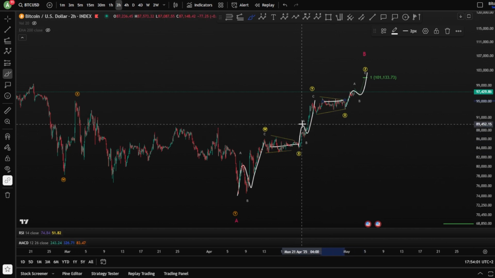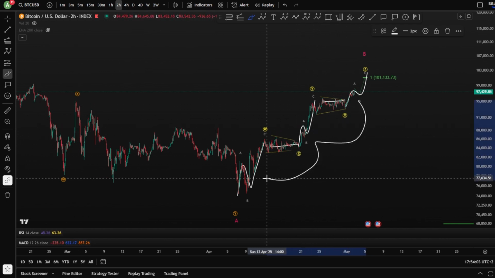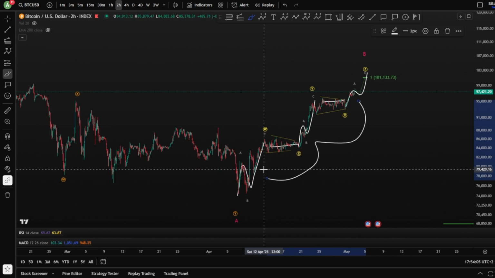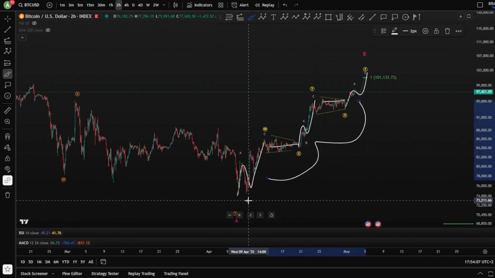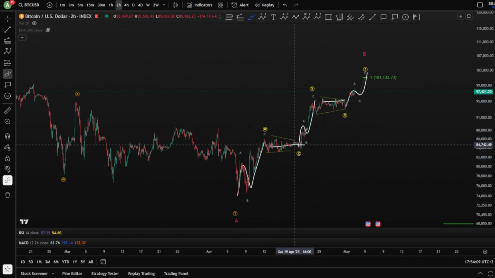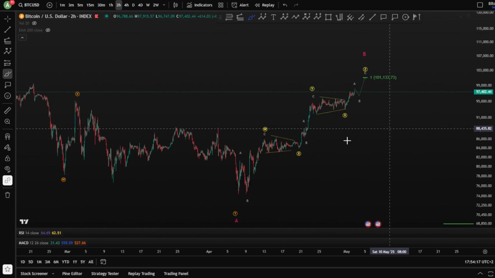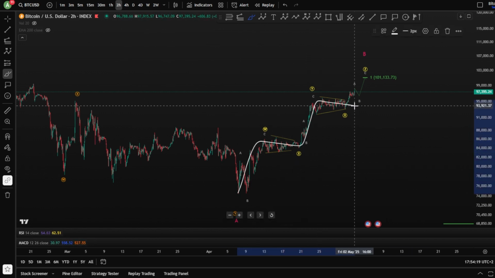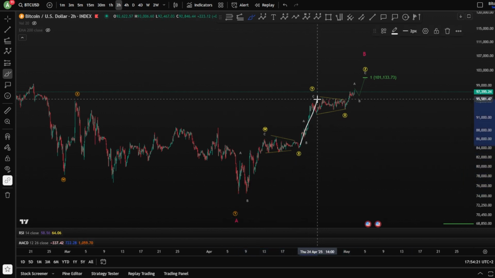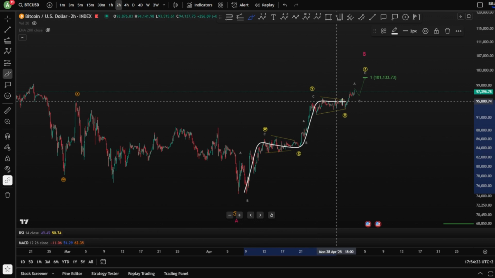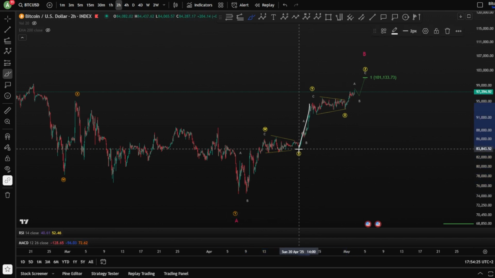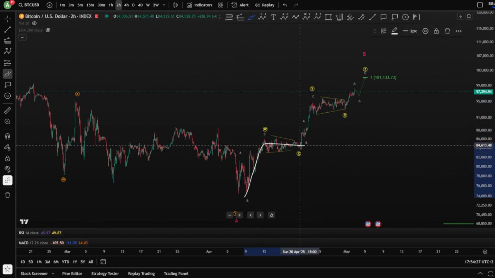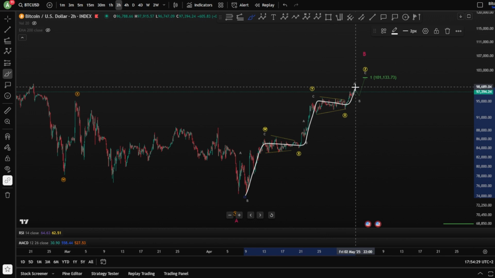Because you can see matching zigzags as the W, the Y, and the Z. They are very matching, and of course with the triangles in between as sideways axis both. And because they are both sideways, I cannot give them a 1 2 1 2, right? This is definitely not a wave 3, not 1 2 3, because this is very shallow, and you cannot have 1 2 3 4 and a 5.